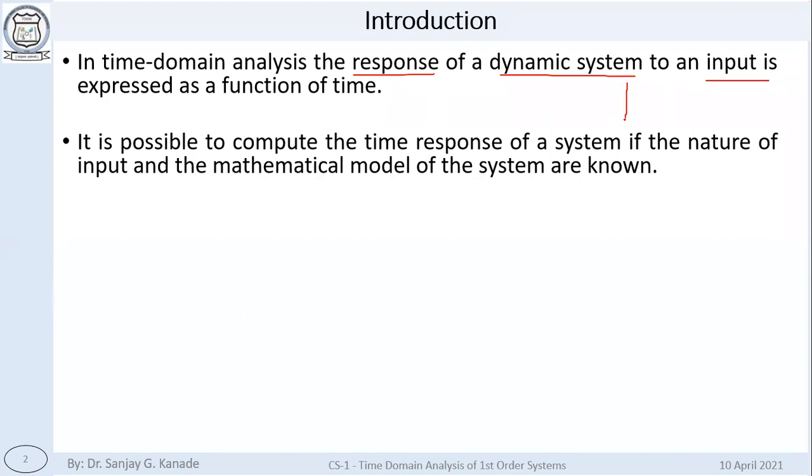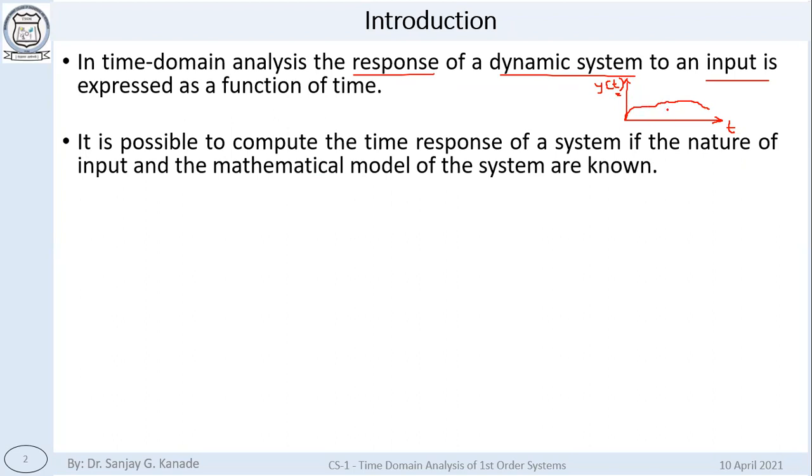On the x-axis I'm going to have t, the time variable, and on the y-axis I'm going to see how the system behaves. This is f of t or y of t in system terms, the output of the system, and we are expressing the output as a function of time.